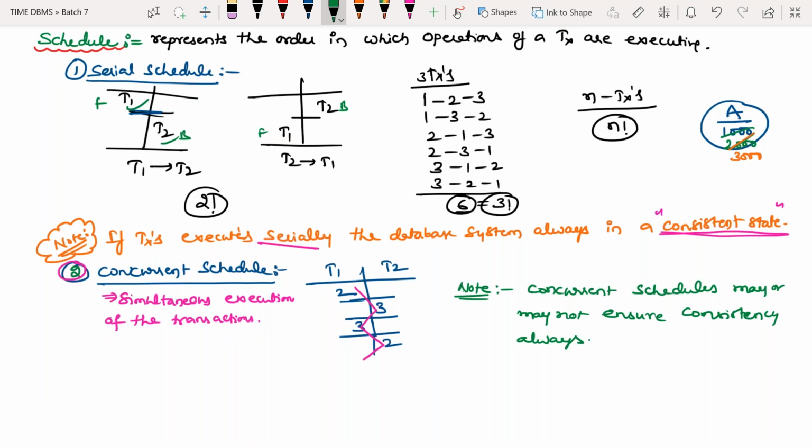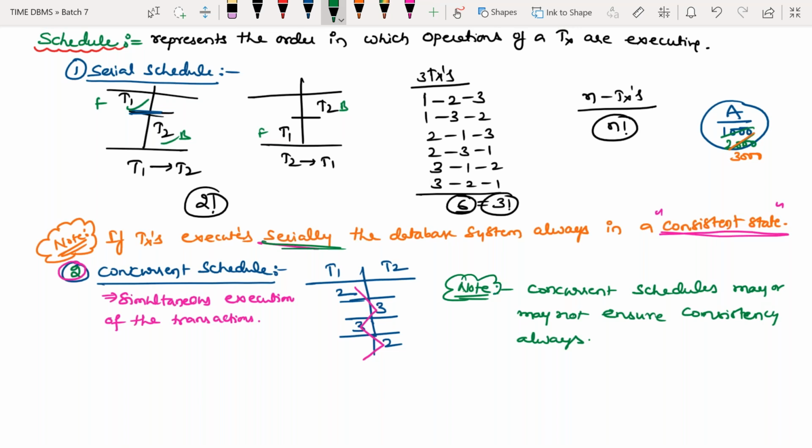So we can say consistency is not guaranteed by concurrent schedules, but it is guaranteed by serial schedules. Remember that point.